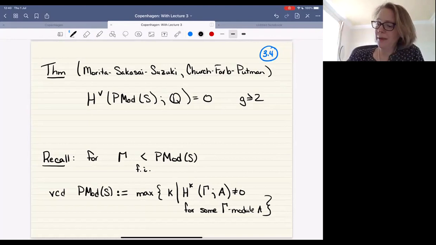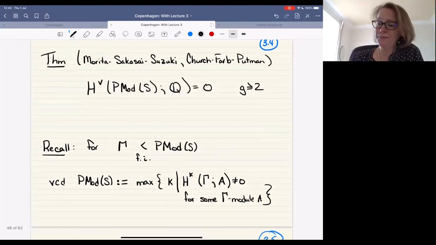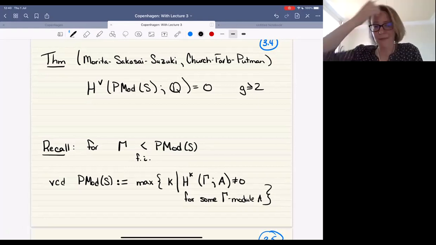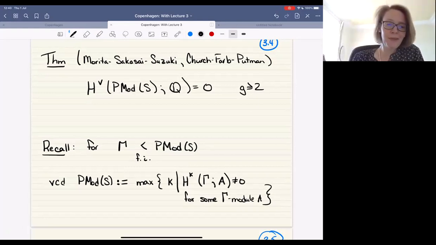Well, you might think, okay, we have these finite index subgroups. Let me pause for a second. Let me back up. You remember that the virtual cohomological dimension is the max k where there's some Gamma-module, some choice of coefficients, where you get something non-zero, right?